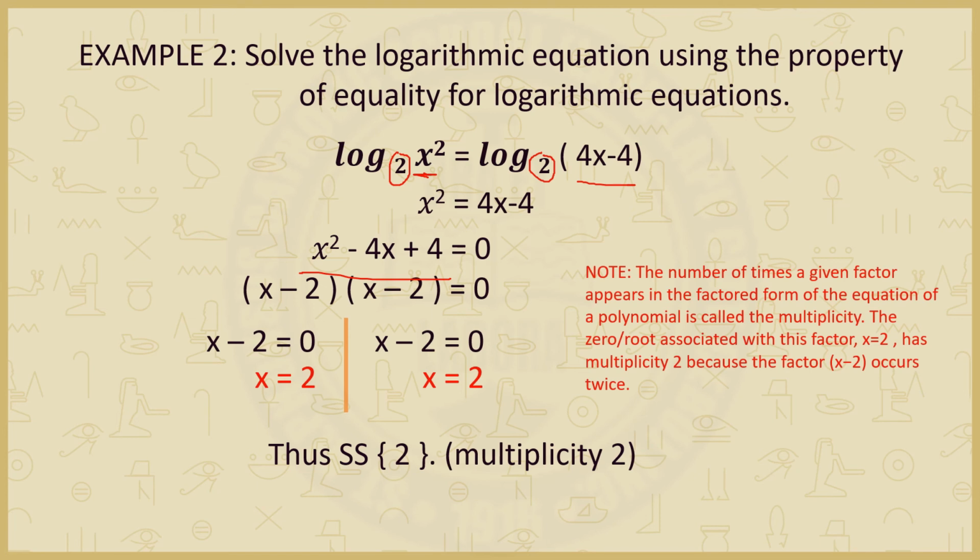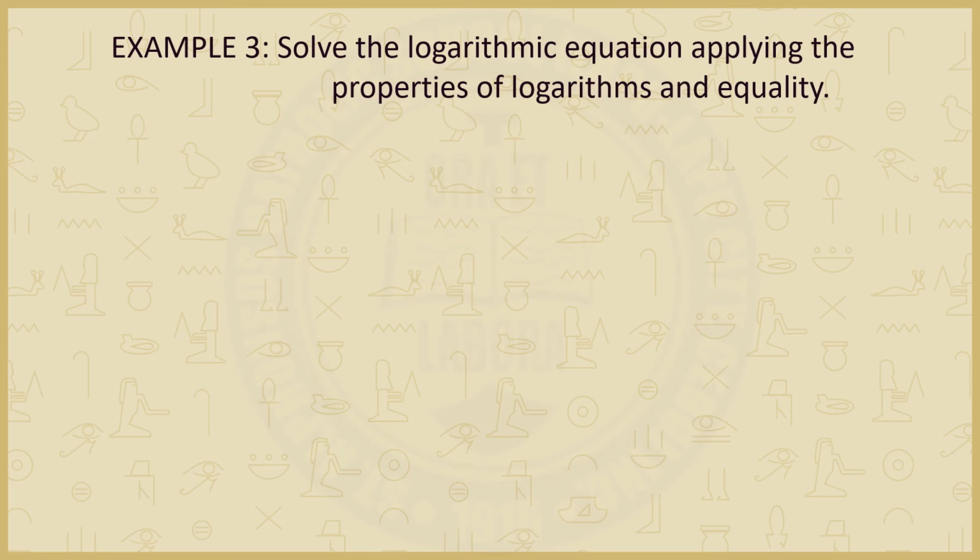When we say multiplicity of 2, the number of times a given factor appears in the factored form of the equation of a polynomial is called the multiplicity. The zero or root associated with this factor, x is equal to 2, has multiplicity 2 because the factor x minus 2 occurs twice.